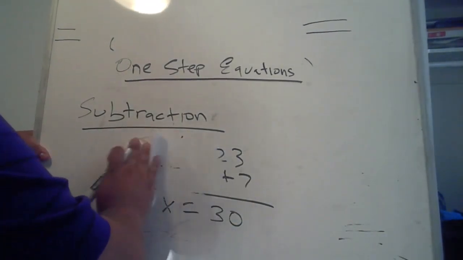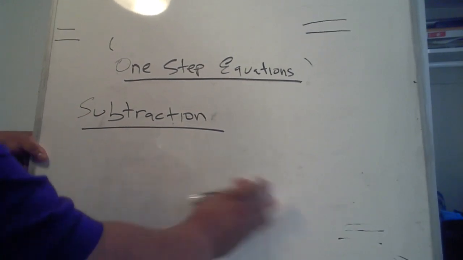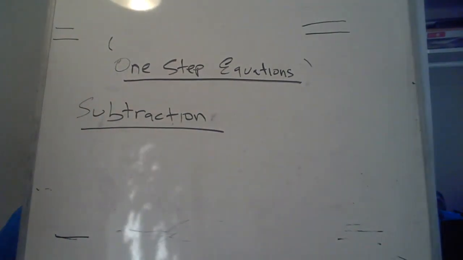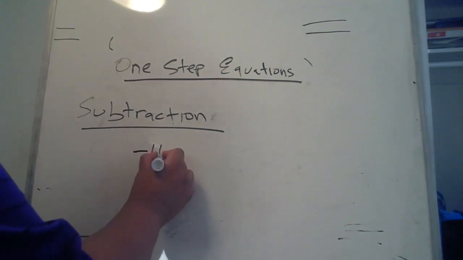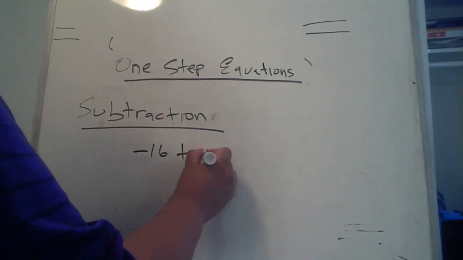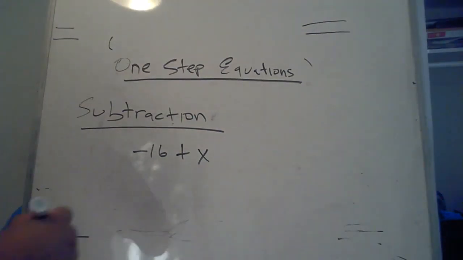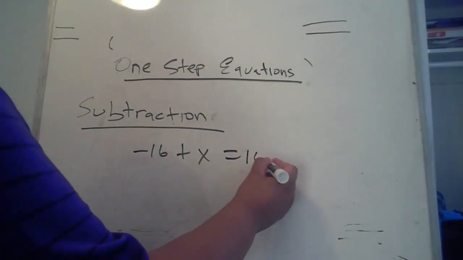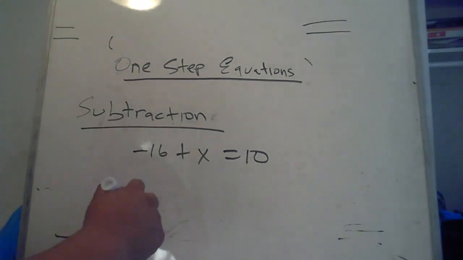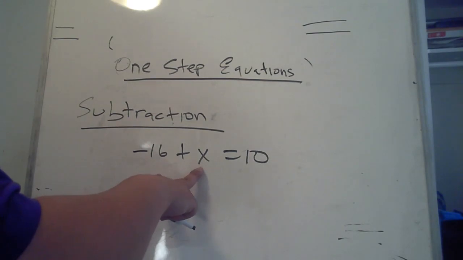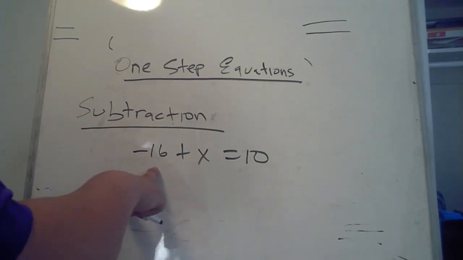Let's look at the second problem for subtraction. This one looks a little different, but they all work the same way: minus 16 plus x equals 10. In this case, the order of the terms is a little different. The variable is second and the constant is first.